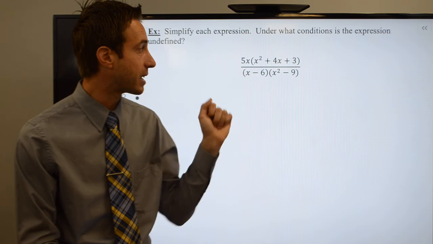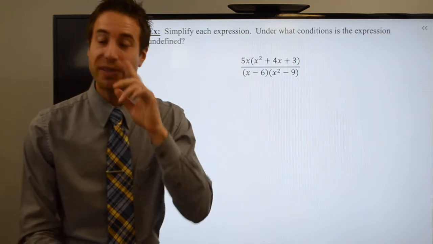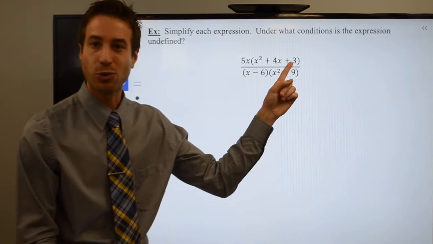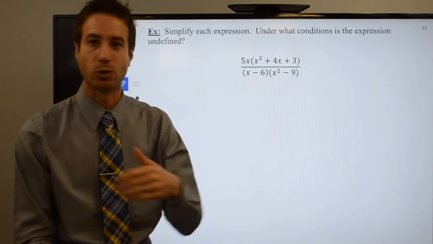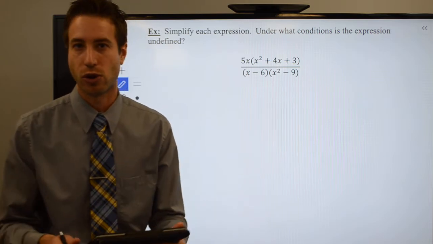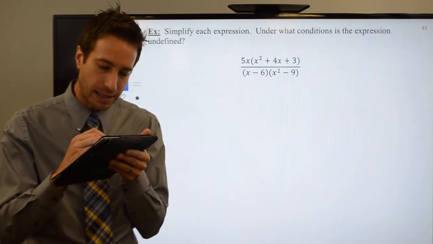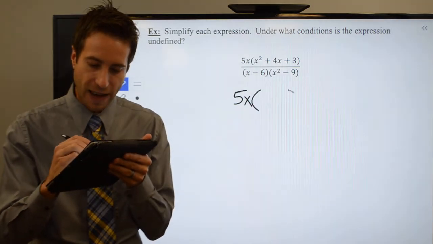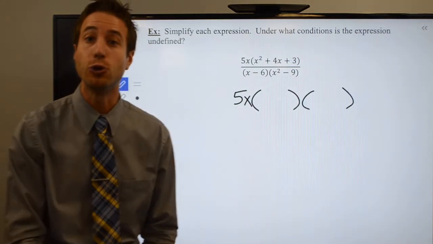And I know it's going to be factoring a general trinomial because this 3 is not a perfect square. So it's not a perfect square trinomial, it's just a general trinomial. What that means is, if I'm lucky, it'll factor into two binomials.